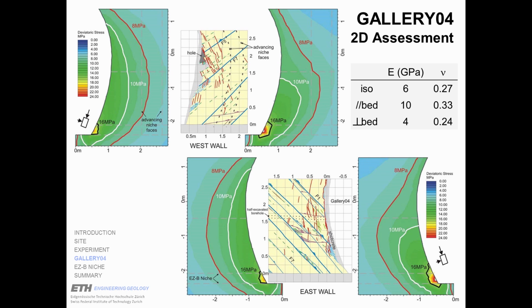So you see that you have concentrations of deviatoric stresses close to the invert of the tunnel. You see that there are some differences in the lines of deviatoric stress contours between the isotropic on the left-hand side and the transversal isotropic elastic model on the right-hand side. And you see, let's say, a similar behavior on the east wall. So this difference from these two diagrams is just caused by changing the property of the matrix.